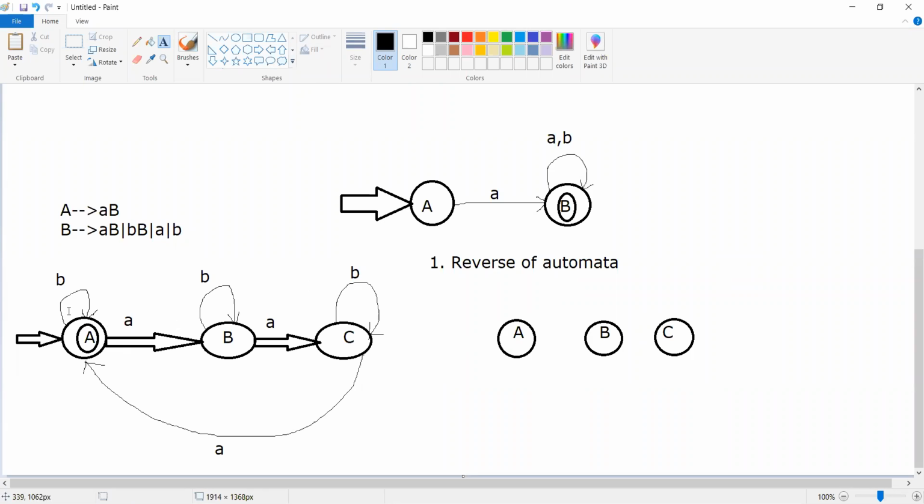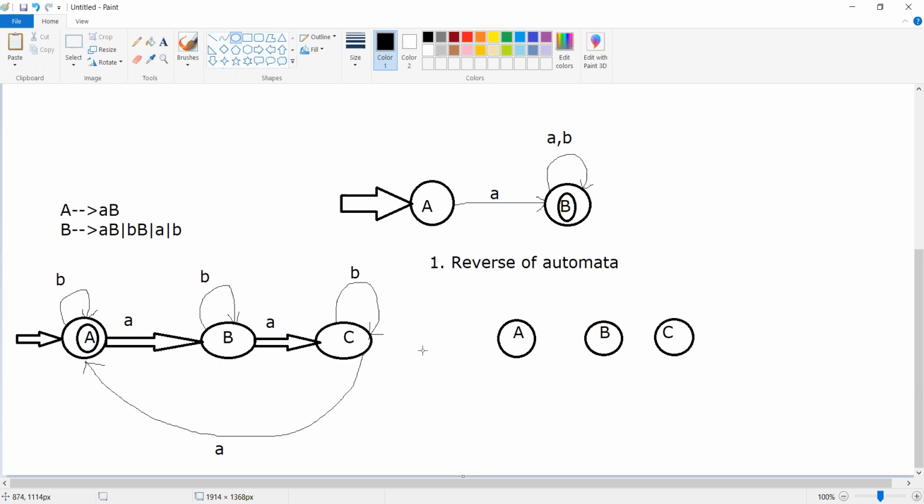Now, in our original finite automata, we have A as the initial state. Now this initial state is going to become the final state. Since the initial state itself is going to act like a final state here, we need to introduce a new initial state with an epsilon transition.